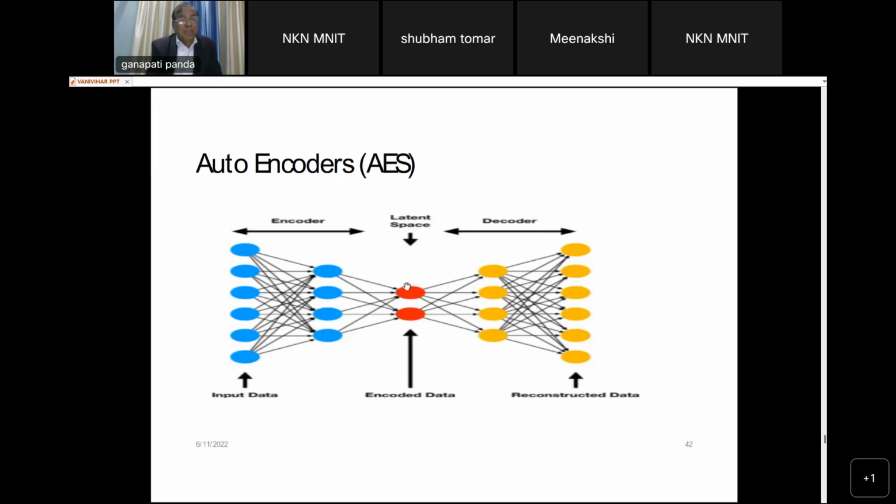Use this compressed value as the features in the prediction model, and you can predict or classify. So an autoencoder has two parts, a compressor and an expander. The compressor is used to extract the features and the expander is used to classify. Autoencoder is a very novel and very powerful deep learning technique.